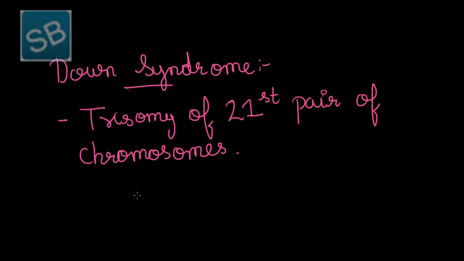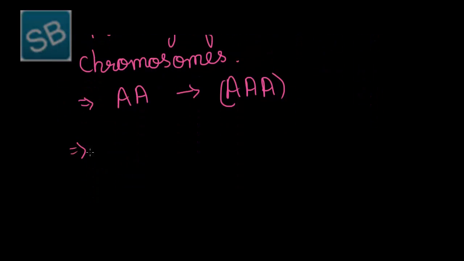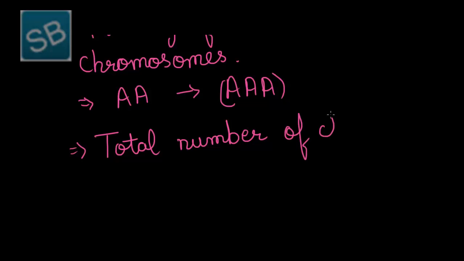Since we all know that the 21st pair represents the autosomes, so instead of the normal two autosomes, in this disorder, three autosomes occur in the 21st chromosome, and therefore there are 3 members instead of 2 in the 21st number. Accordingly, the total number of chromosomes in humans becomes 47 instead of 46.